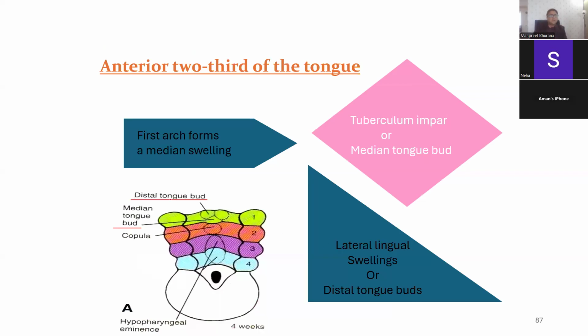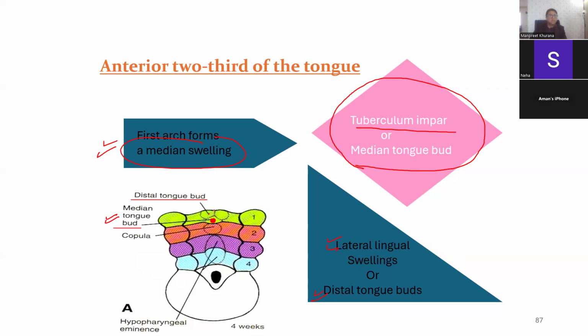Now, the first arch mesoderm gives rise to a median swelling, which is known as tuberculum impar or median tongue bud. So there is a medial swelling, this one, and there are two lateral swellings or distal tongue buds.